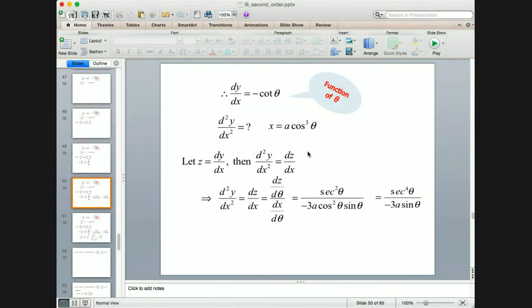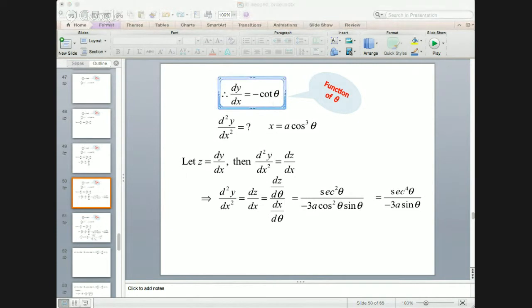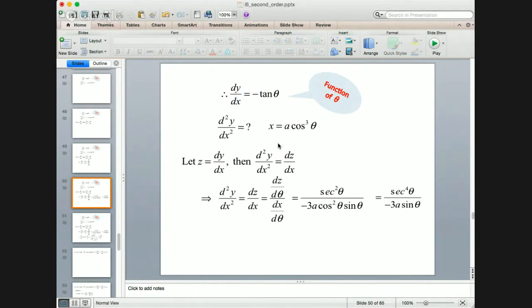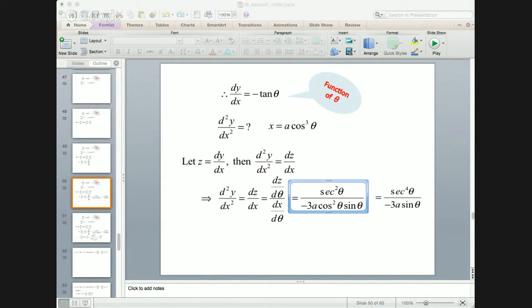and I have to set the sign correct. And when I differentiate dz by d theta, I should also have a negative in the numerator, right? So your final answer therefore will be positive.